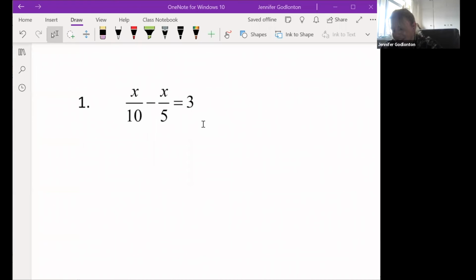Ma'am, for this question, can we flip the fractions around? What do you mean by flip them around? Like put the 10 on top and then the x on the bottom, or must we leave it like that? No, but you can find a common denominator. Let's see if that worked.